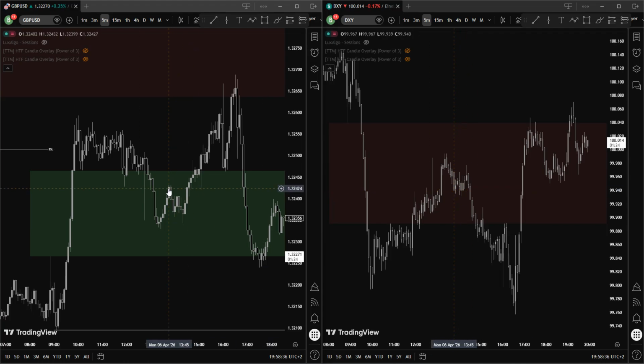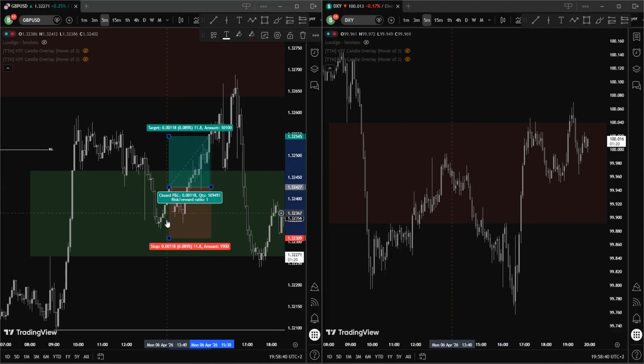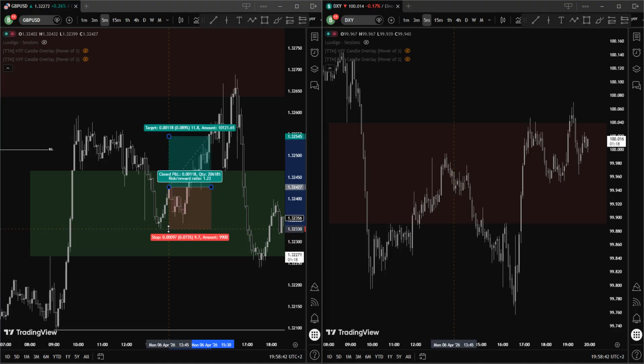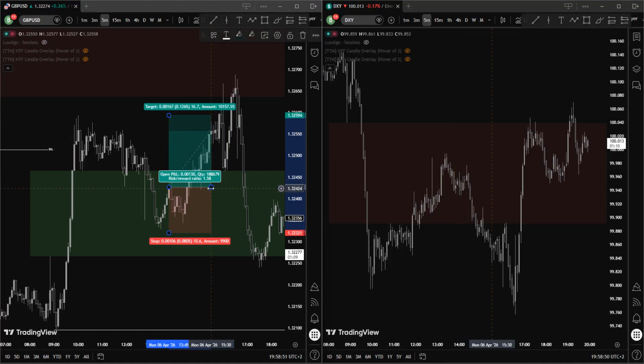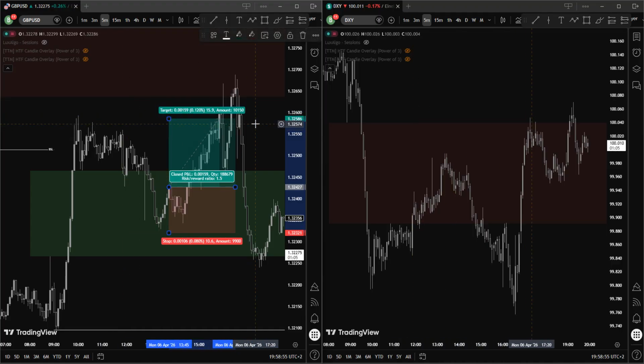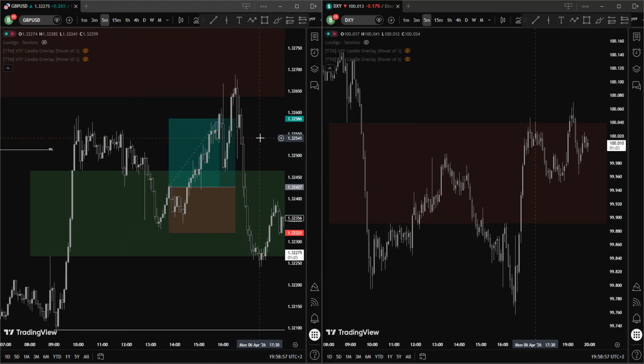So theoretically, here was the best entry, and we could leave a bit like this, and here was the best trade like this. You feel me what I'm trying to say?